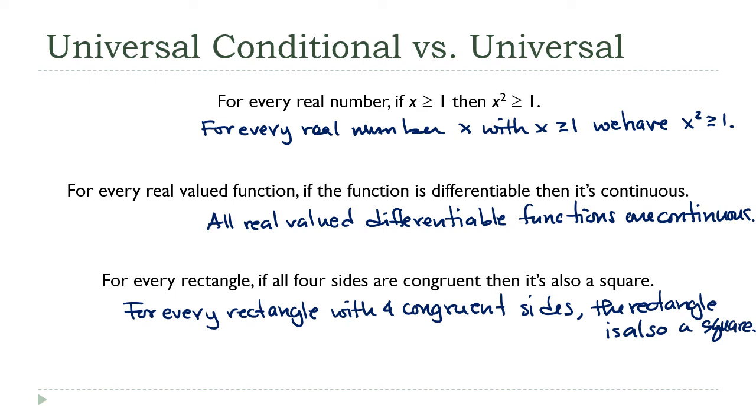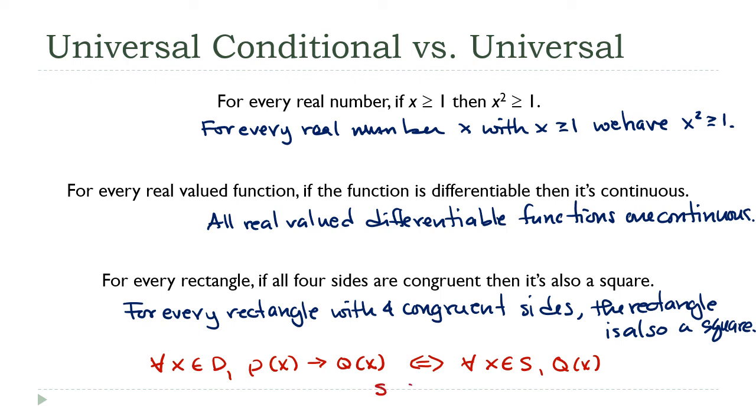If the original statement was: for every x in D, if P of x, then Q of x, what I did was I rewrote this as: for every x in S, Q of x, where this S is an appropriately chosen subset of the original domain D.